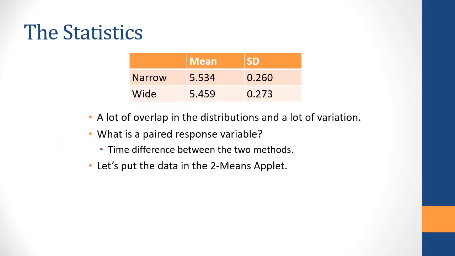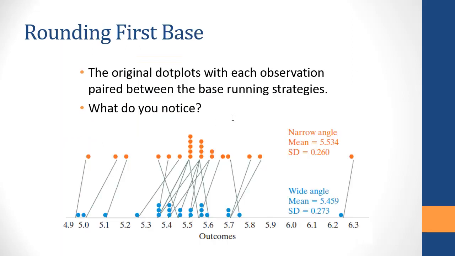All right, so now let's see what happens when you look at the pairedness of the data. So here is all the runners on the narrow route, all the runners on the wide route, and what you see is most of the time they get faster, faster, faster, faster. Now this guy got slower, that guy got slower, that guy got slower, and that guy got slower.